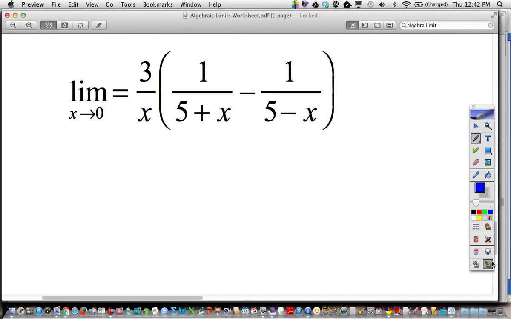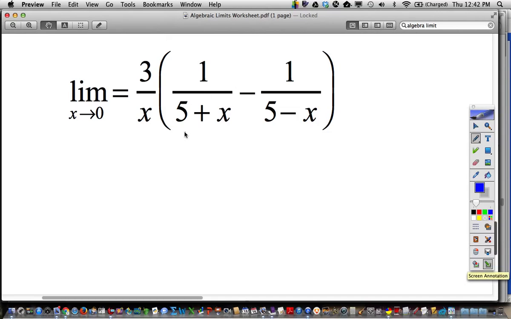Last comment or thing that I'll help you with would be this one. Now, the way this one's written, the method that I was showing you is a little harder to think about. I was showing you about clearing out fractions, but that's when you have a fraction within a fraction, and we don't really have that here.